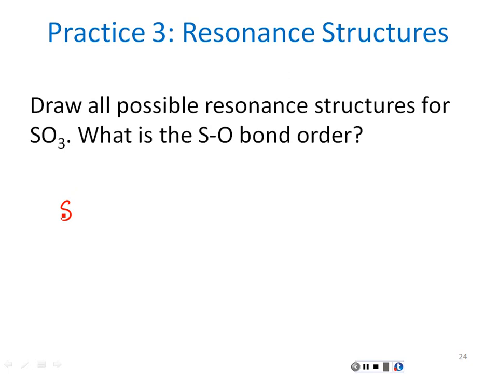They have equal bonding capacity, but sulfur is less electronegative, so it will go in the center. Another hint is that there's only 1 sulfur and there are 3 oxygens. So put that sulfur in the center.